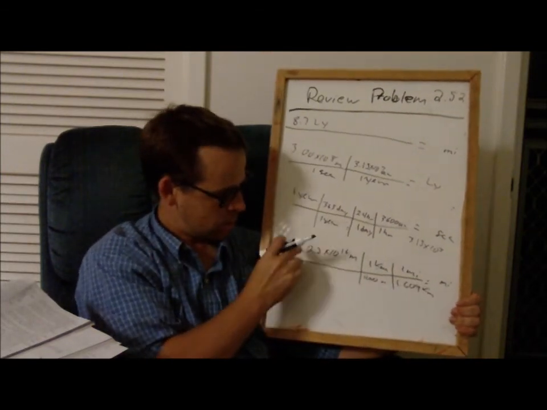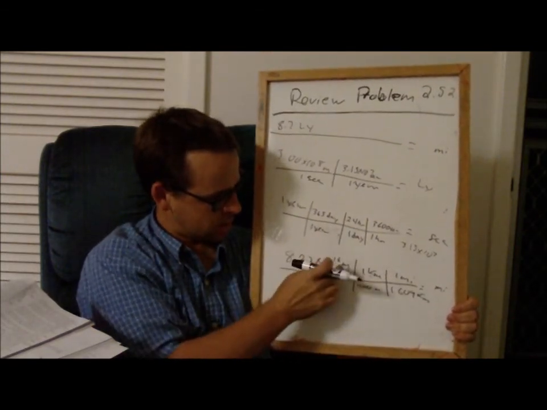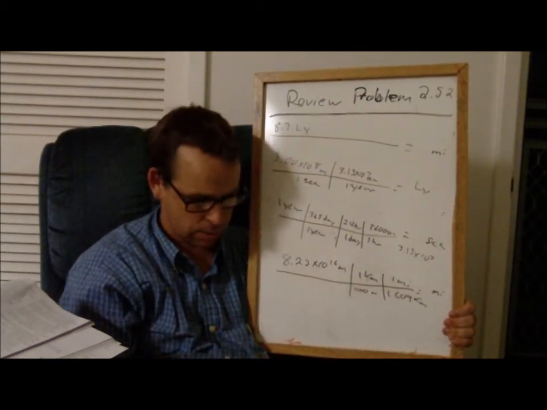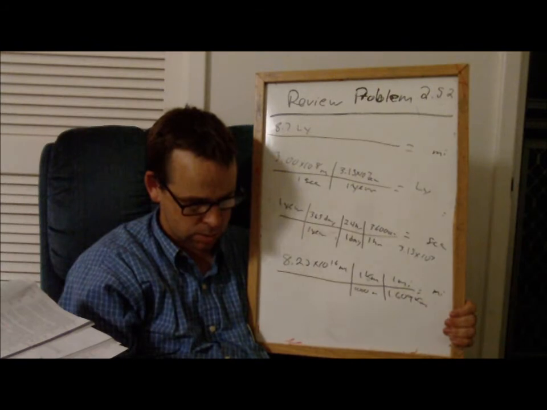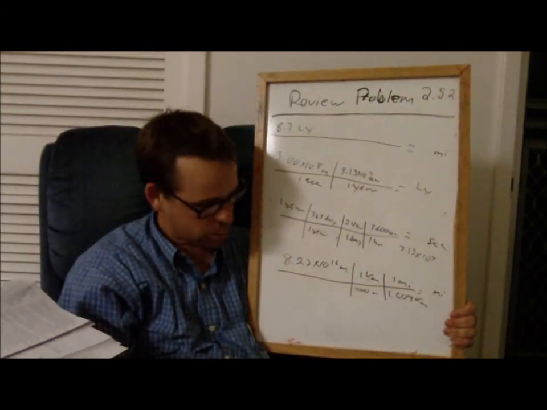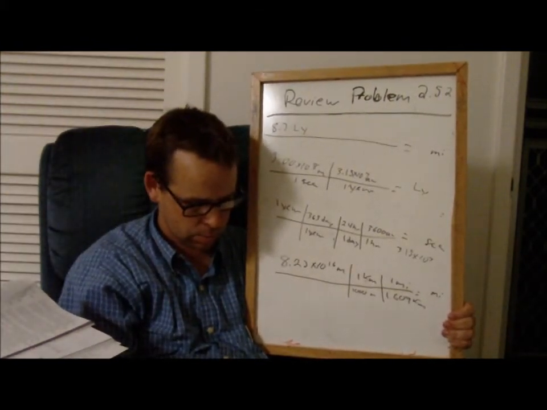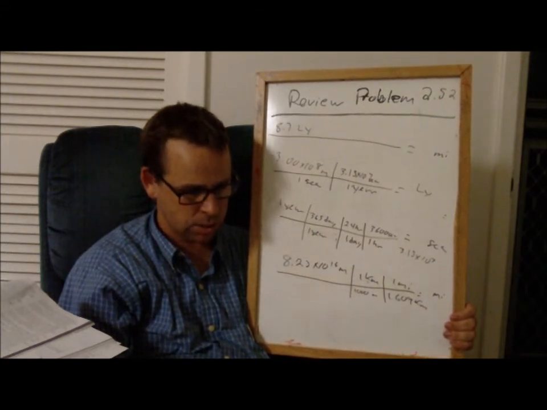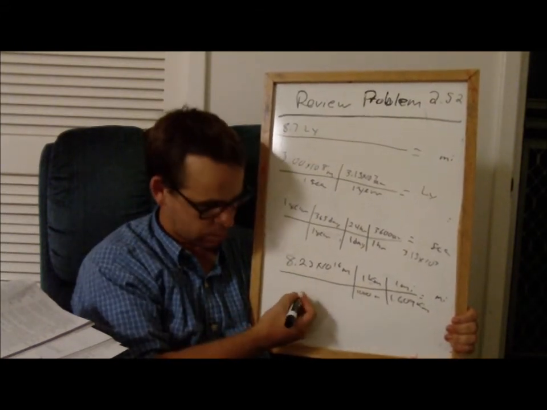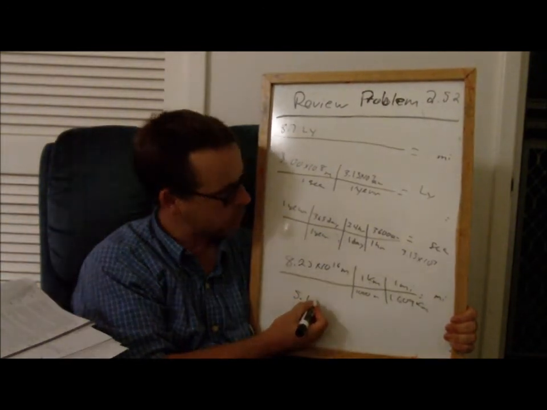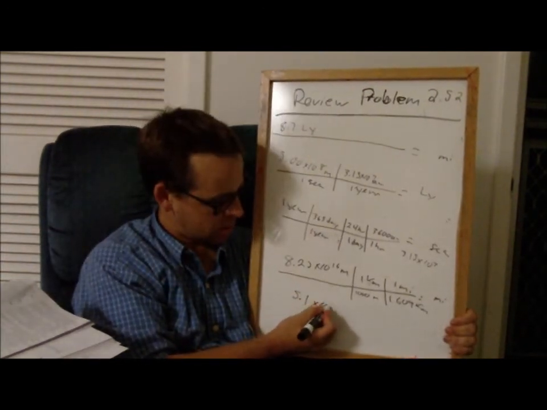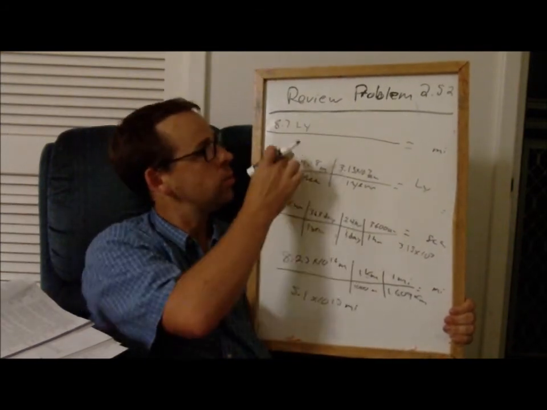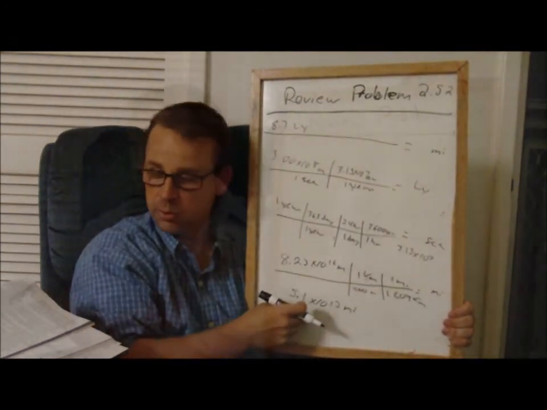Right? So 8.23 times 10 to the 16th divided by 1,000 divided by 1.609. And so we're looking at 5.1 times 10 to the 13th miles. Okay, so two significant figures up here, two significant figures down here.